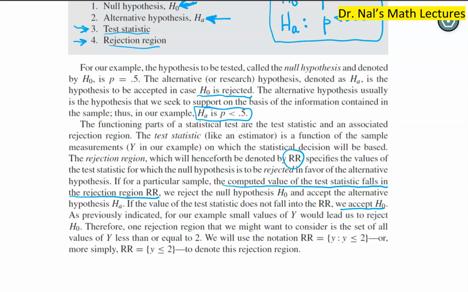As previously indicated for our example, if y represents the number of people in your sample that support Jones, then small values of y would lead to rejecting the null hypothesis. Therefore, one rejection region that we might want to consider is the set of all values of y less than or equal to 2.